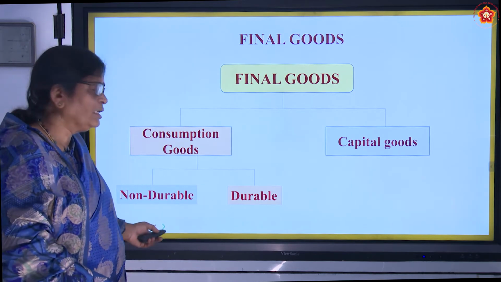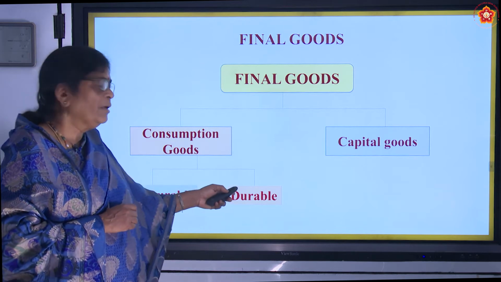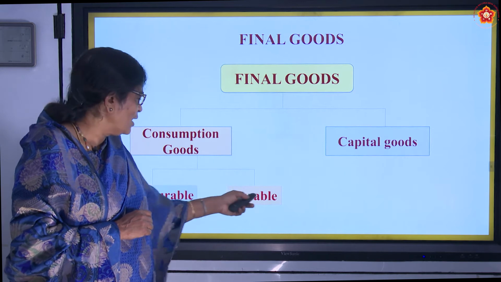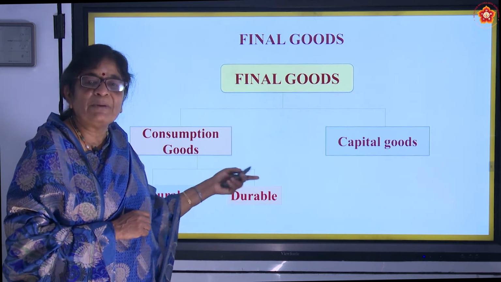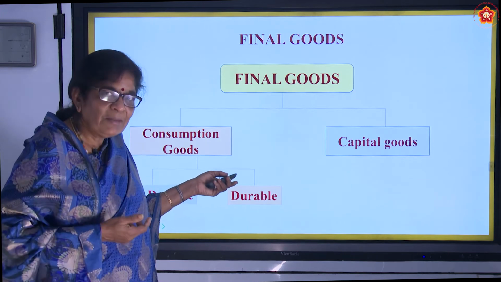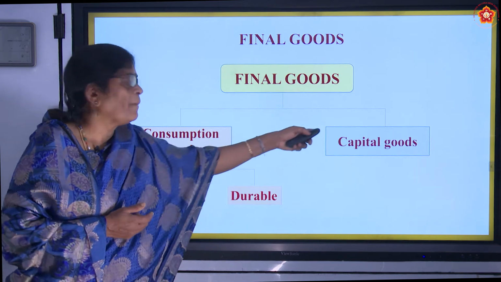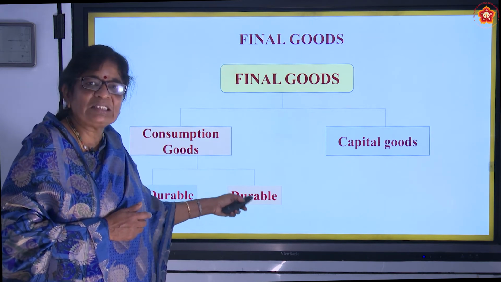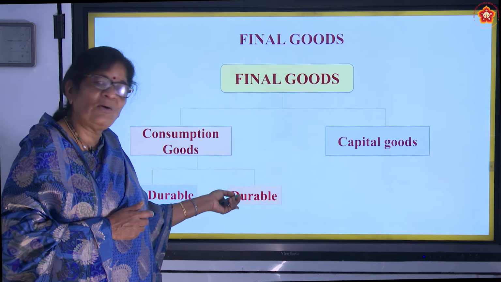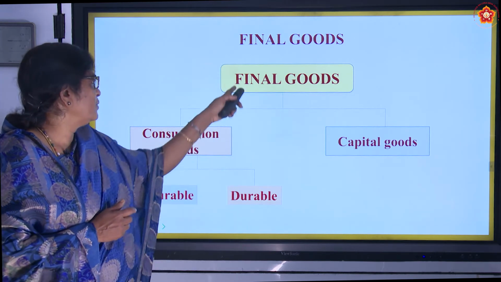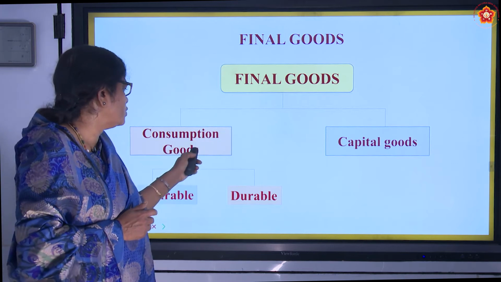TV sets, cars and all the vehicles are durable goods. And implements and the big moving machines, earth moving machines and mining machines are all called capital goods. Consumer durable means TV sets, refrigerators and all these things. We will discuss later in detail, and this is the distribution of final goods into consumption and capital goods.